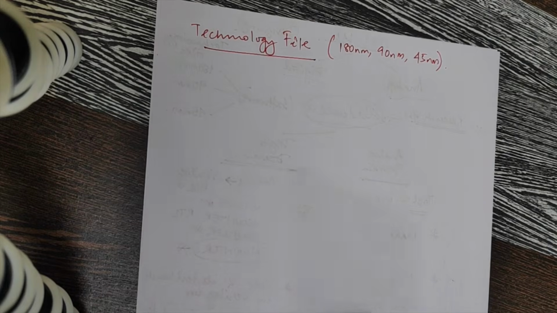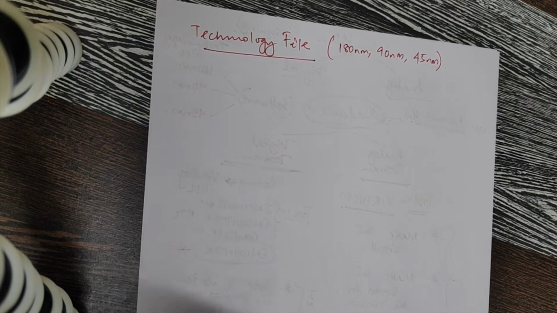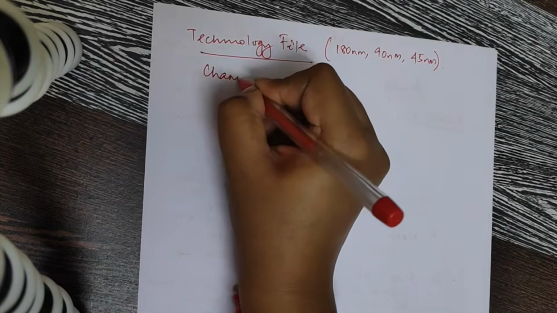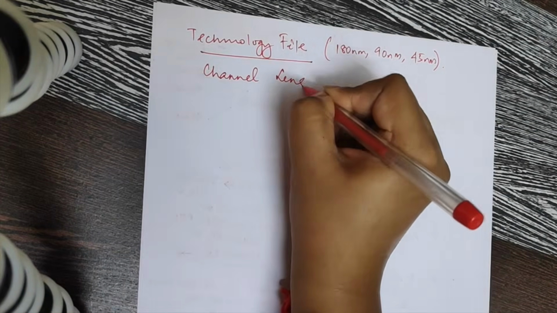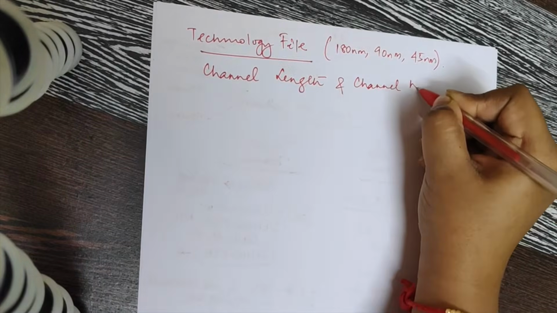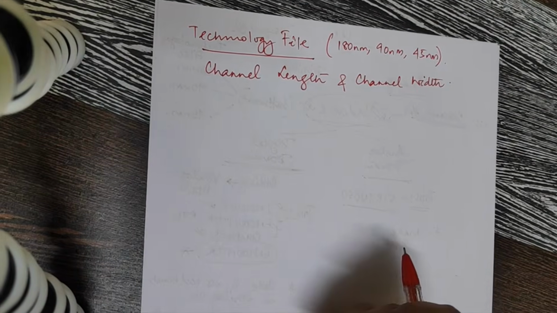In that MOSFET, we studied two parameters that played a major role in controlling and deciding the output of that MOSFET. That is channel length and channel width.